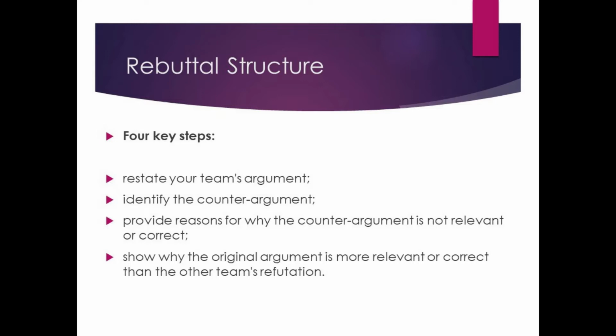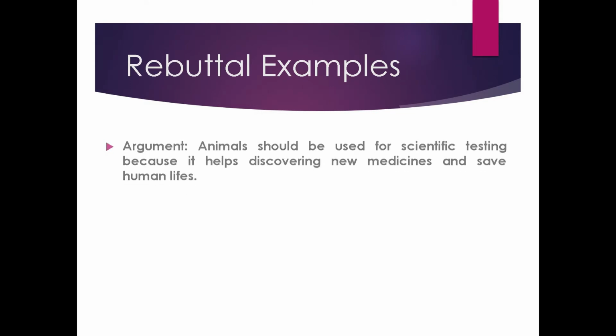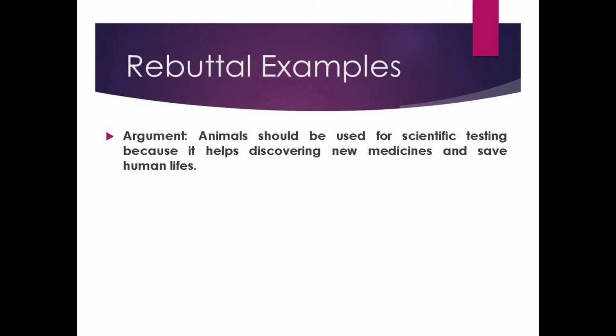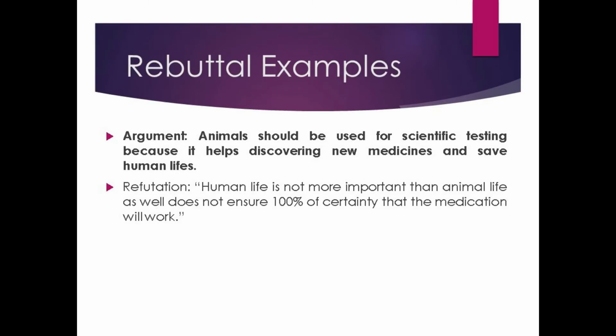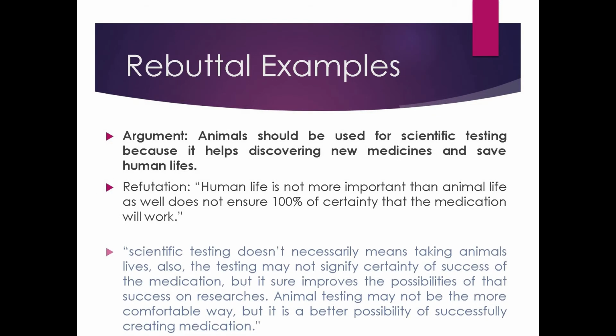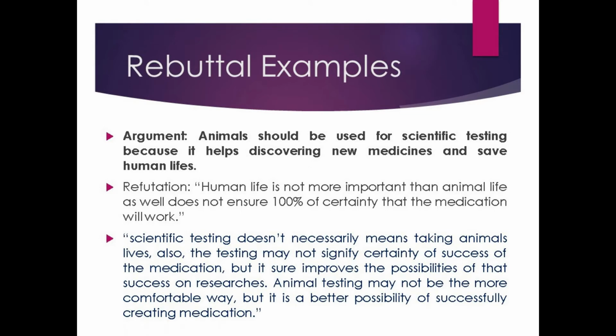So, continuing our example. Argument: animals should be used for scientific testing because it helps discovering new medicines and save human lives. Refutation: human life is not more important than animal life. As well, animal testing does not ensure 100% of certainty that the medication will work. A possible rebuttal could be: scientific testing doesn't necessarily mean taking animals' lives.